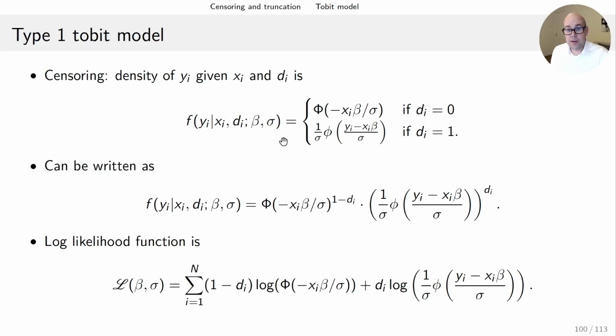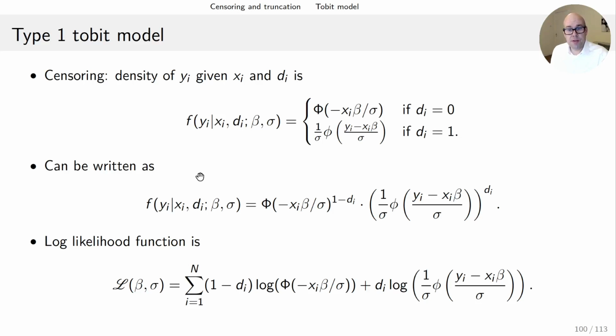So this is just how I denote this. If I have censoring, then the likelihood contribution is the probability that there is censoring. This standard normal CDF that we have seen before. And if there's no censoring, then it's the density of yi star.